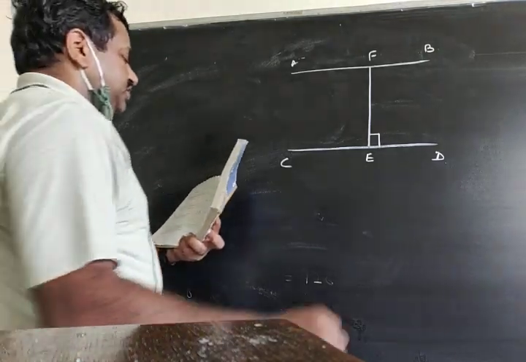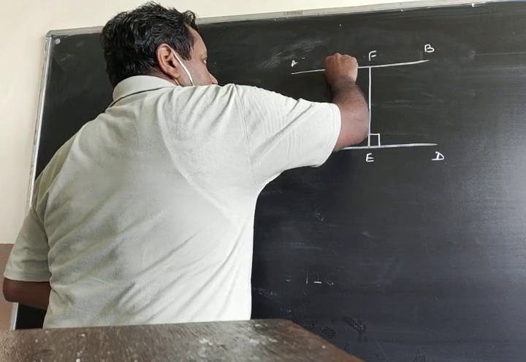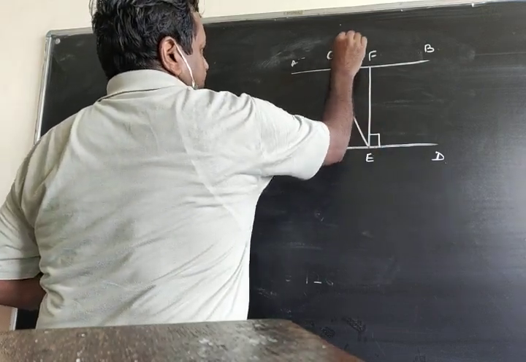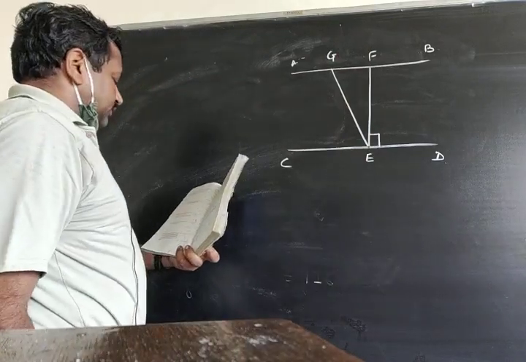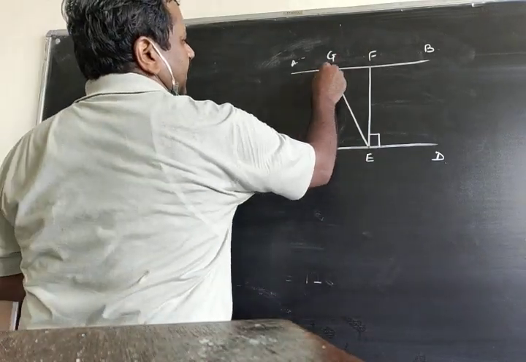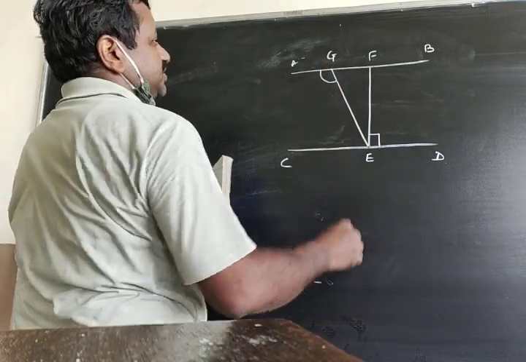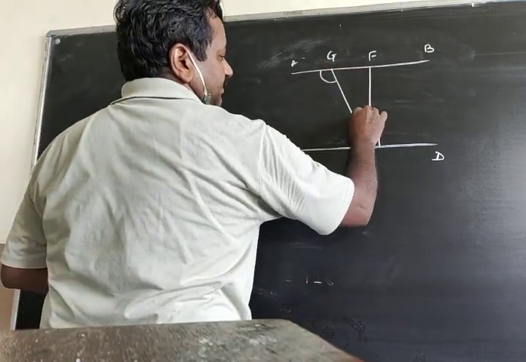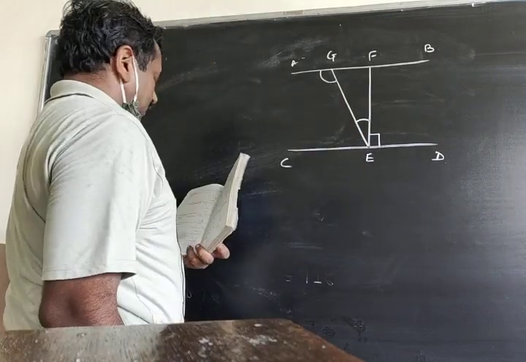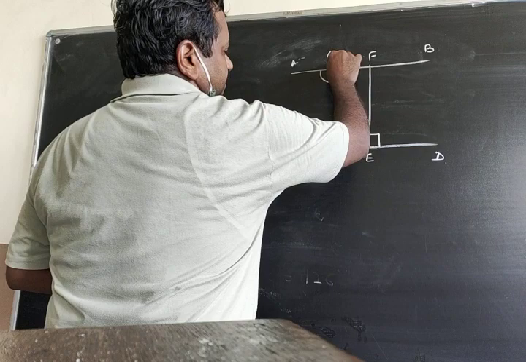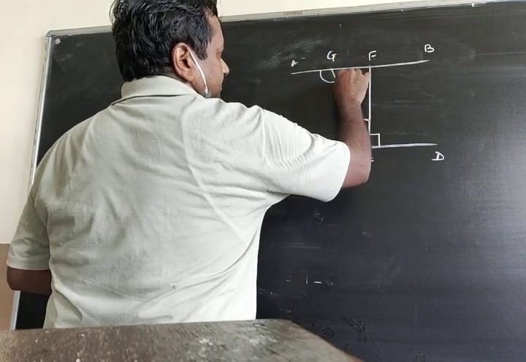Another line GE is given, GE, and we need to find out angle AGE, this angle, GEF, this angle, FGE, this angle.